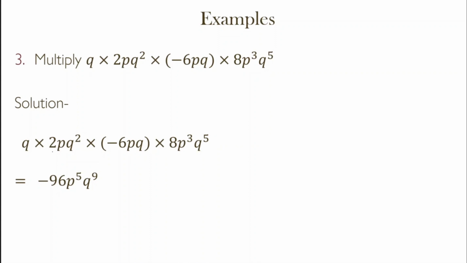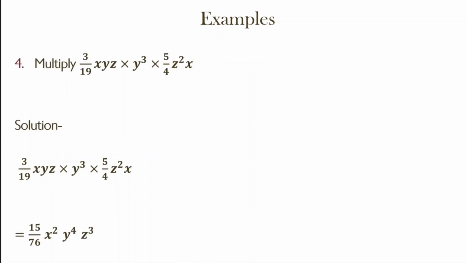Now moving forward to one more question of a similar kind. It says multiply 3 over 19 x y z and y cube and 5 over 4 z square x. Again following the same rules, first multiplying the signs. Since all of them have a positive sign, there is no negative sign, so our final answer is positive.